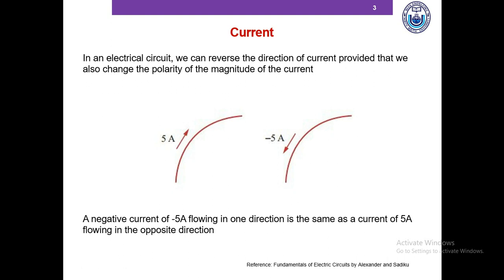In other words, a negative current of minus 5 ampere flowing in one direction is the same as a current of positive 5 ampere flowing in the opposite direction. Thus we can reverse the direction of current provided that we also change the sign of the magnitude of the current.